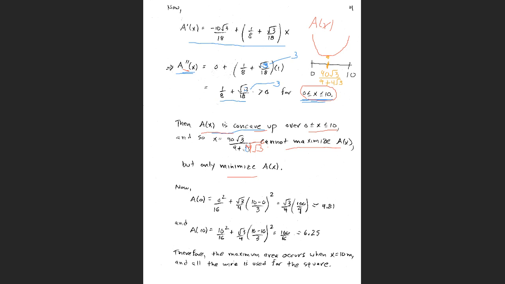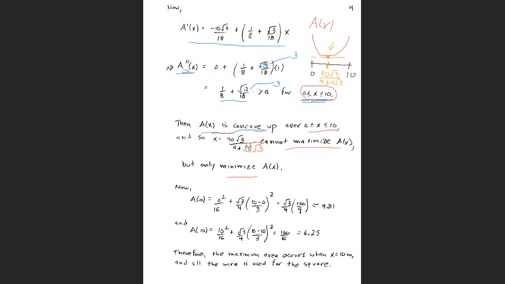The slope of the tangent line of the area function at that critical value is 0. But the critical value has to be a minimum. It can't be a maximum. So you cannot maximize the area function at that critical value.